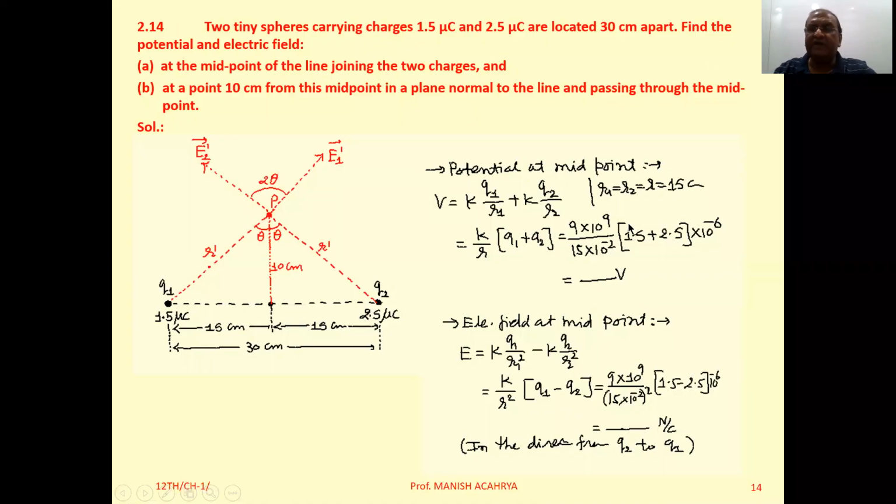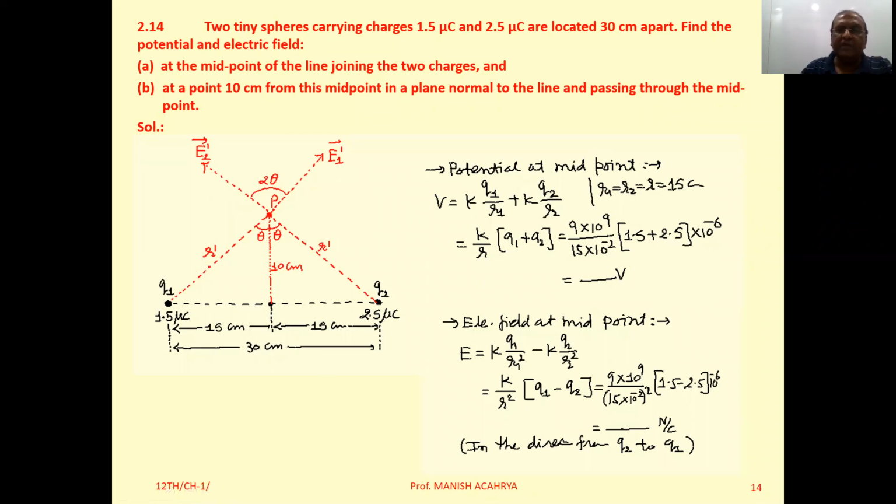Now electric field at any point due to a point charge is given by kq upon r square. Here both the charges are positive charges. So at the midpoint the electric field due to both the charges will be in opposite direction.